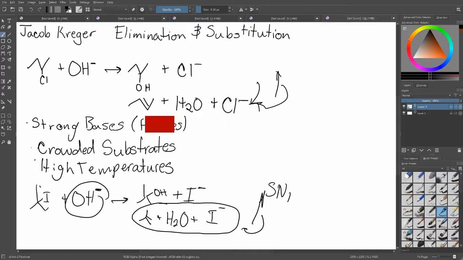It's very, very unlikely to appear on a primary carbon, and it's also quite unlikely to appear on a tertiary carbon. Secondary carbons are the ideal situation. With this particular compound, since it's a tertiary carbon, E1 would be pretty uncommon, but possible in the presence of a weak base.